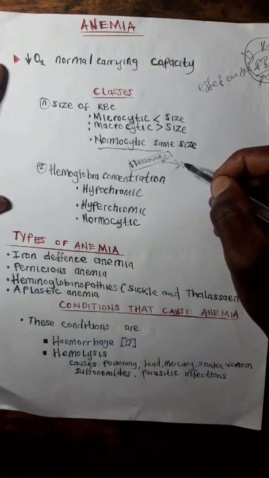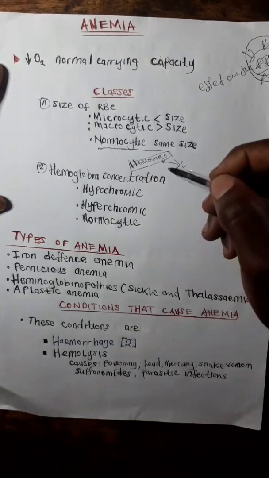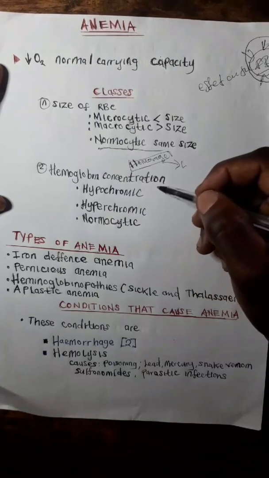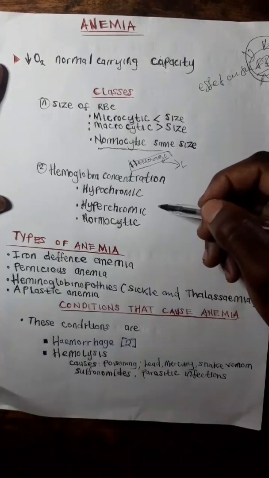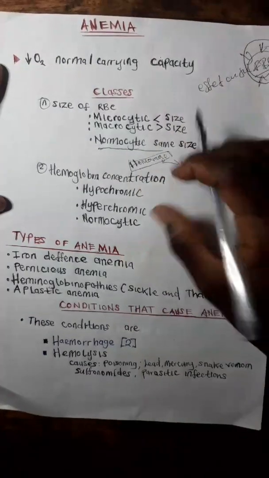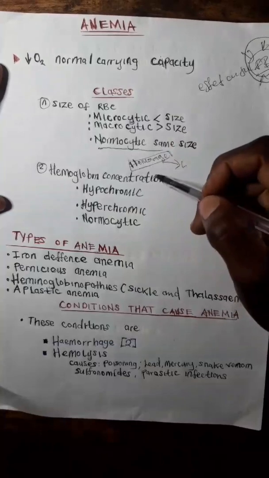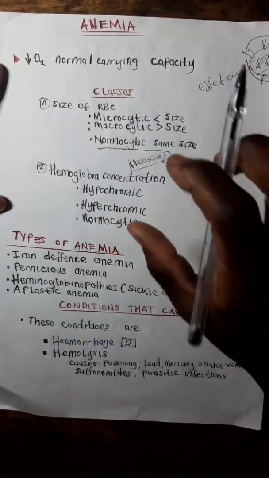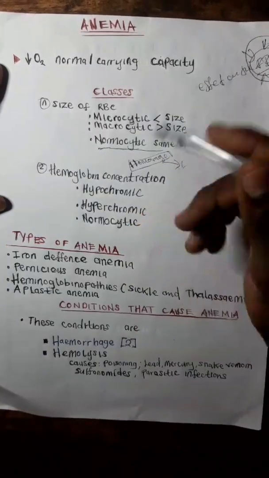It can't be small or big, but the number of the red blood cells in the body is the one that can change. Remember, these three classes focus on the size of red blood cells.